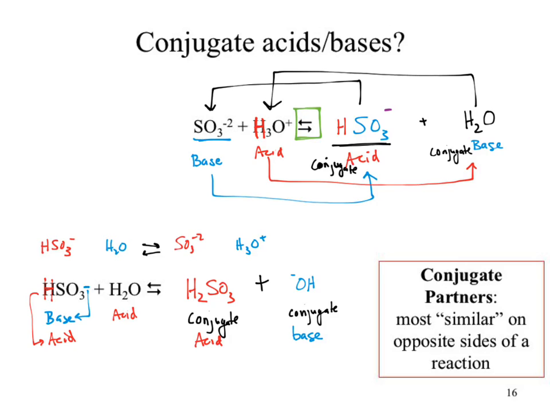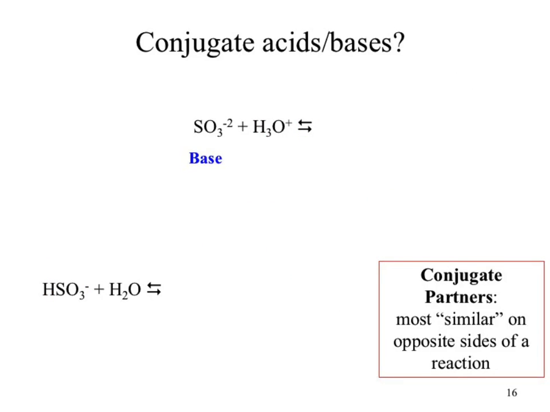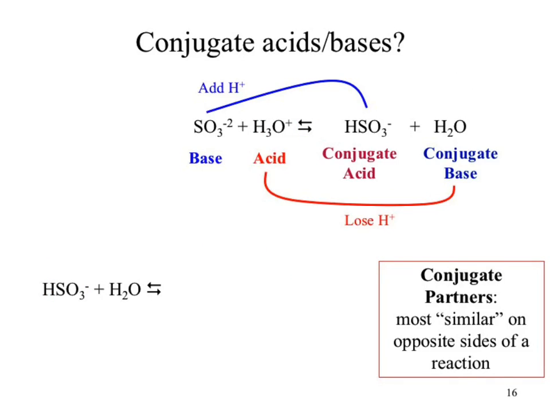Would we ever write aqueous after H2O? No, probably not. So within the definition system that you've got, you don't have a way of identifying this as an acid. Water does act as both, and that is a trickier statement.